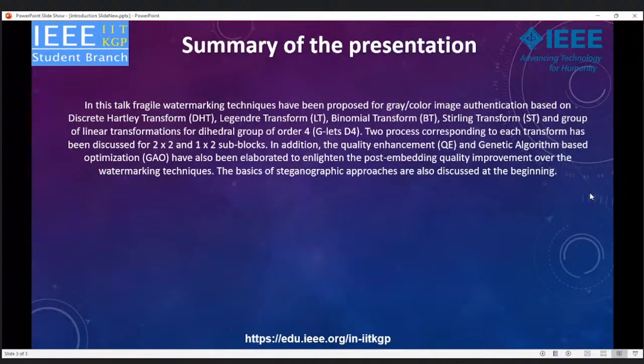Two processes corresponding to each transform have been discussed for 2x2 and 1x2 sublines. In addition, quality enhancement and genetic algorithm-based optimization have also been elaborated to show post-embedding quality improvement over the watermarking technique. The basics of steganographic approaches are also discussed at the beginning.